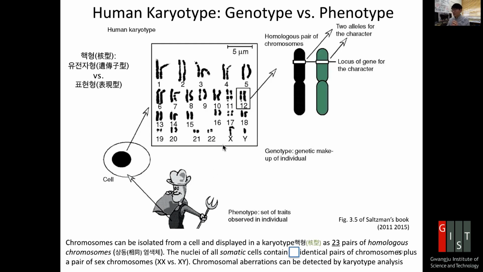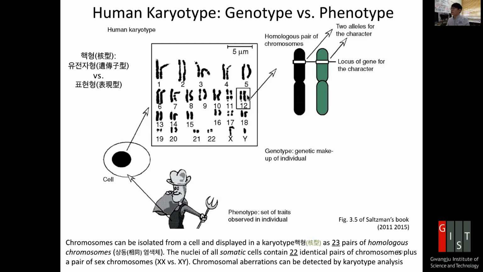So the nuclei of all somatic cells will contain, you can see, 22 identical pairs, while the sex chromosome in this case is a male, so it's XY. You know that for female, it's XX. So these somatic cells contain 22 identical pairs of chromosomes plus a pair of sex chromosomes. And these chromosomal level aberrations, which can be observed with a microscope, we call karyotype analysis.